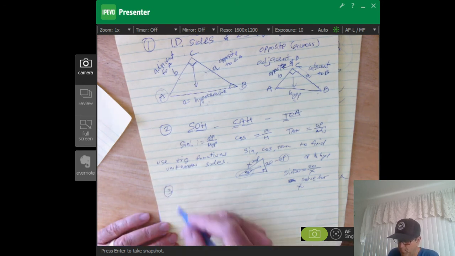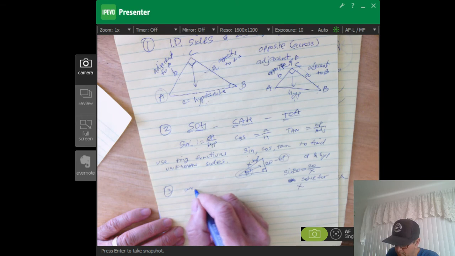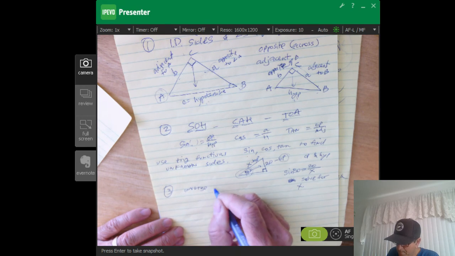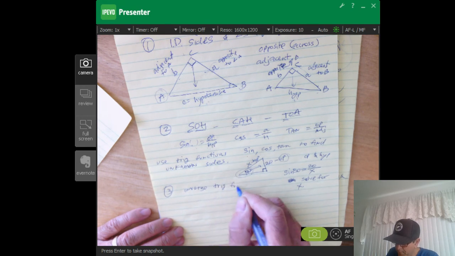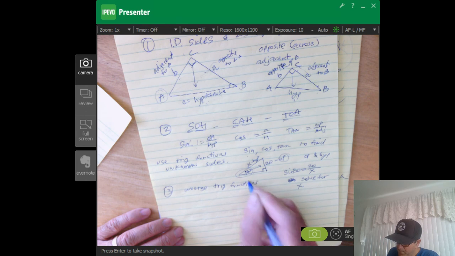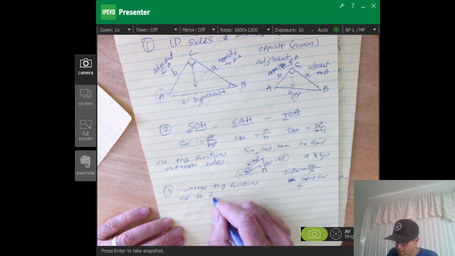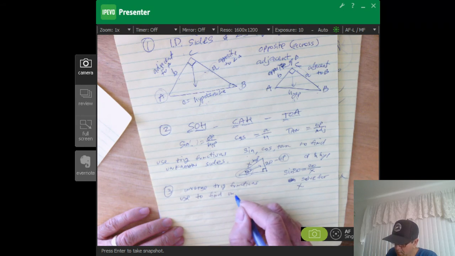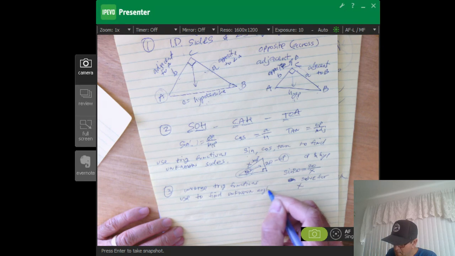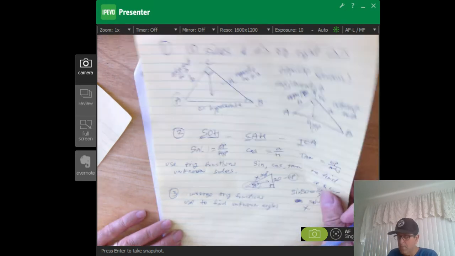And the third thing you need to make sure you remember is your inverse trig functions. Okay, you're going to use the inverse trig to find unknown angles.